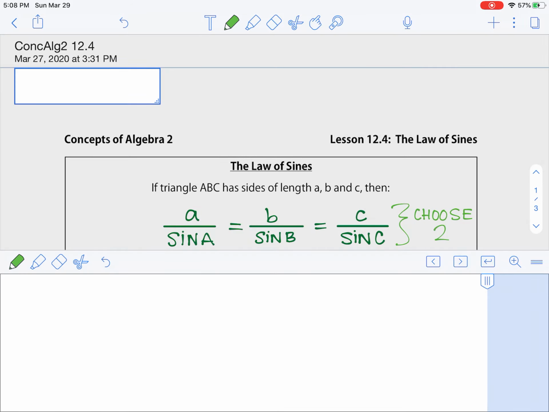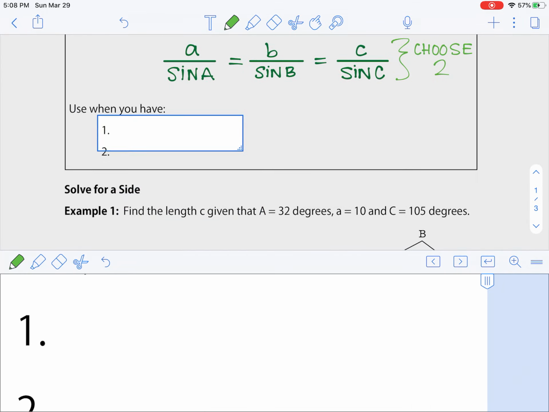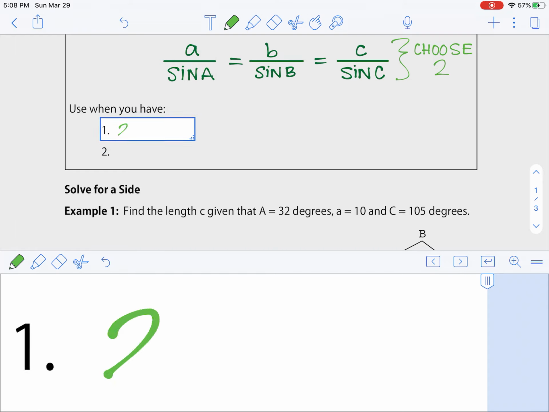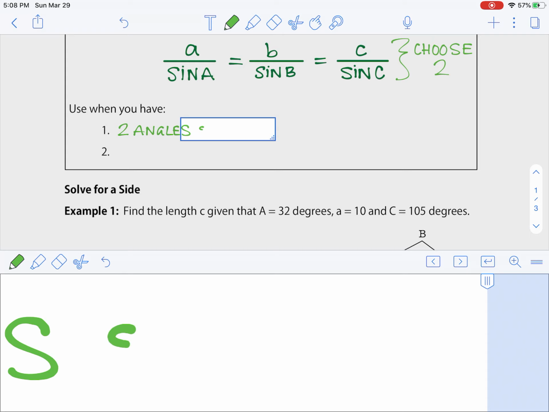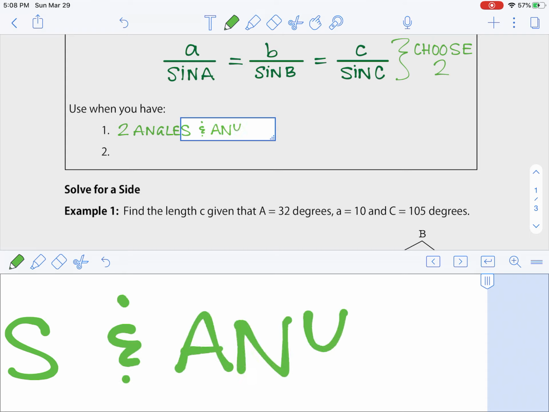Now, the situations that work for using the law of sines are when we have two angles in a triangle and any side.